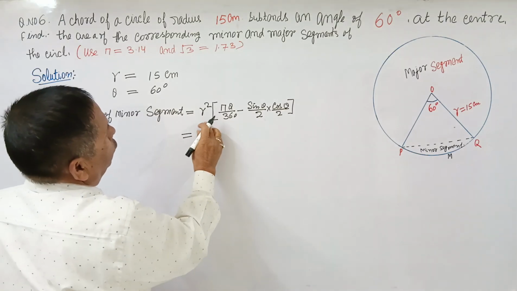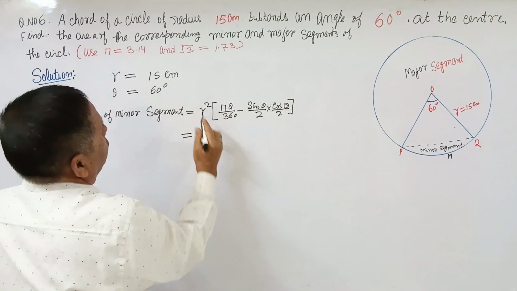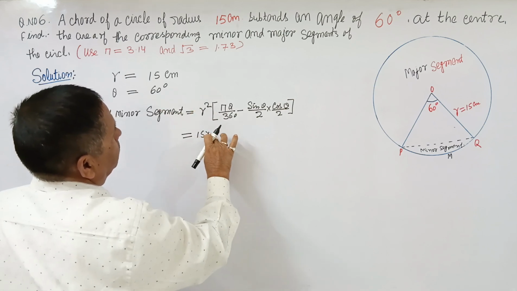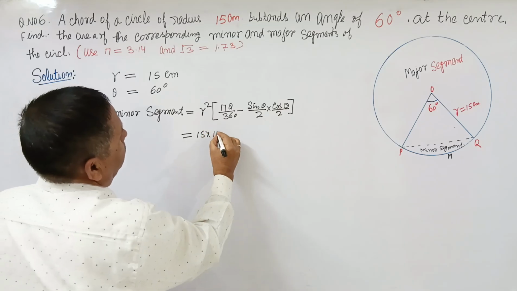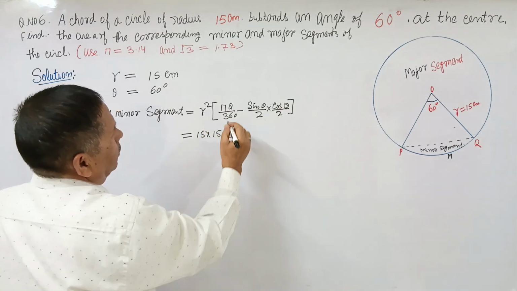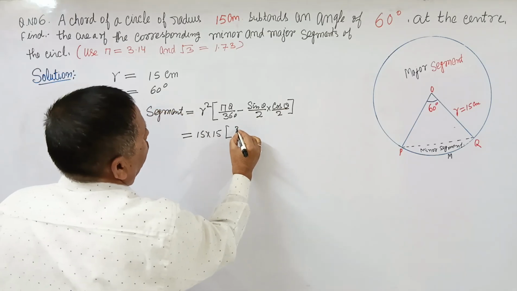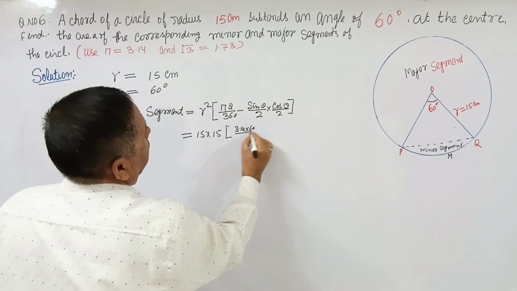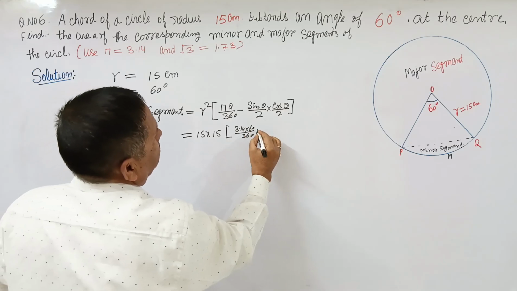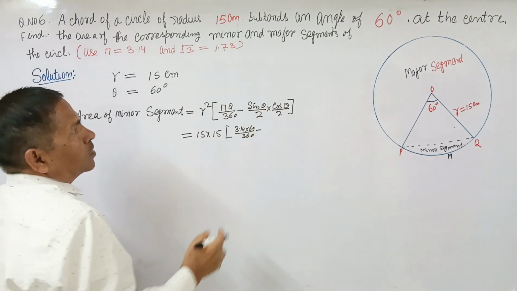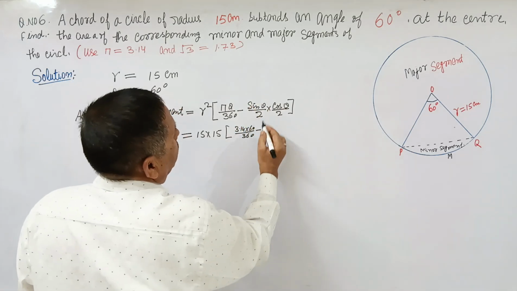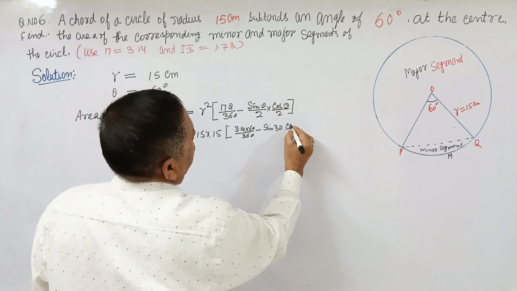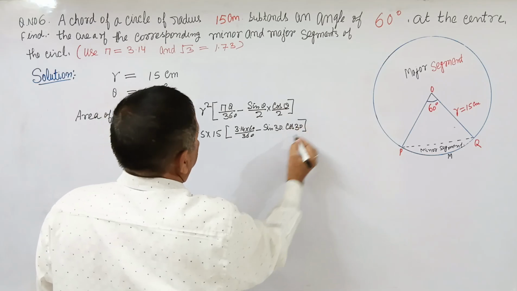अब इसकी जो वैल्यूज है वो मैं लिखता हूँ. r square means 15 into 15, then pi we have been given 3.14, into 60 upon 360 minus sin 60 divided by 2 means sin 30 into cos 30.